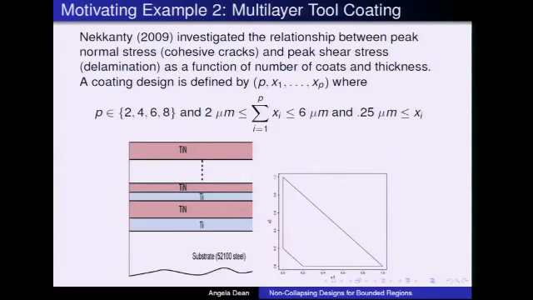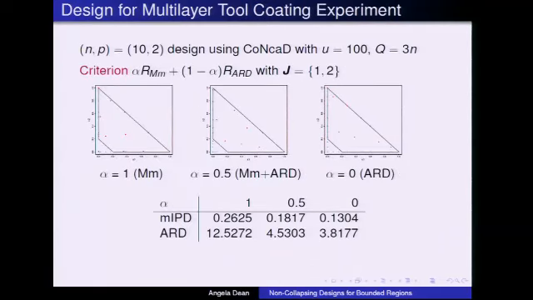Remember that was the design space. All right, let's look back at our criterion. Remember we were going to rank order the designs according to the maxi-min criterion, rank order the designs with respect to average reciprocal distance and take some linear combination of those ranks. If you set alpha equal to 1, you get the maxi-min design and it looks like this.